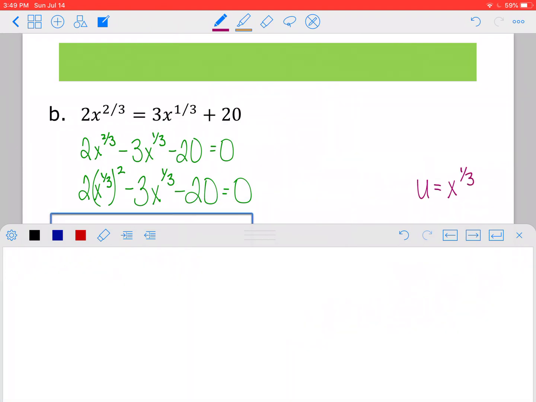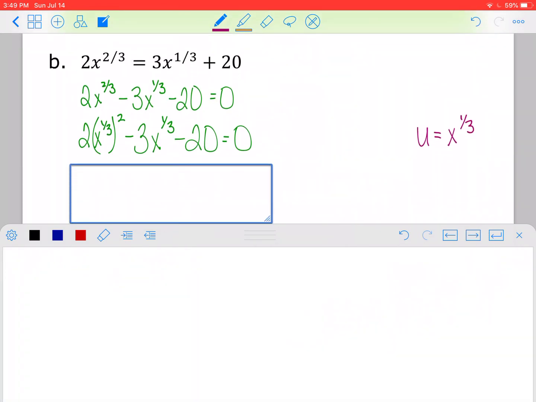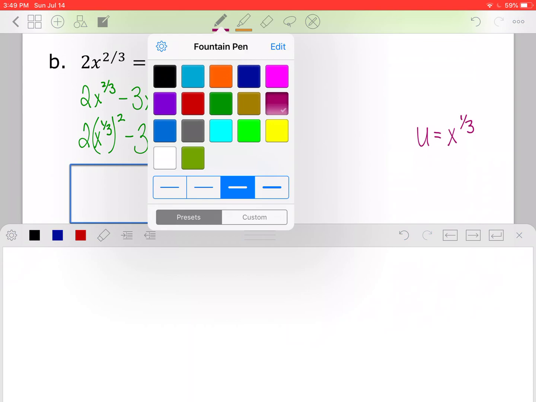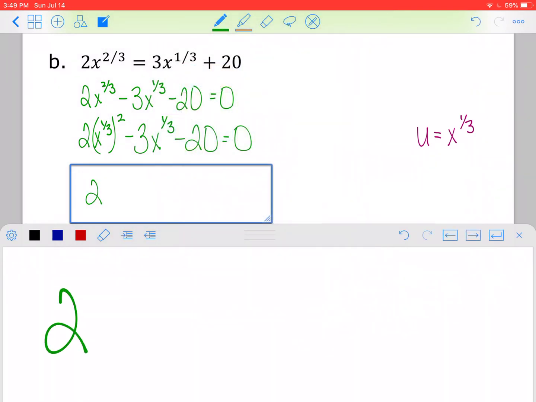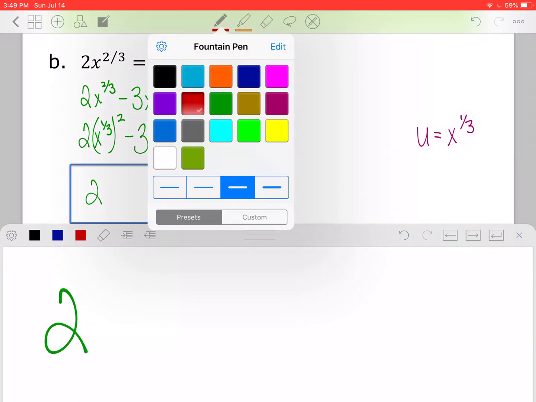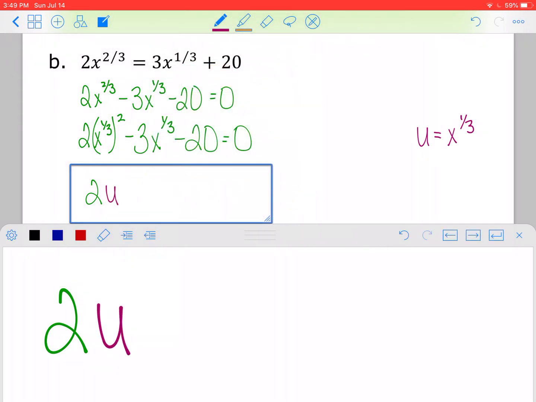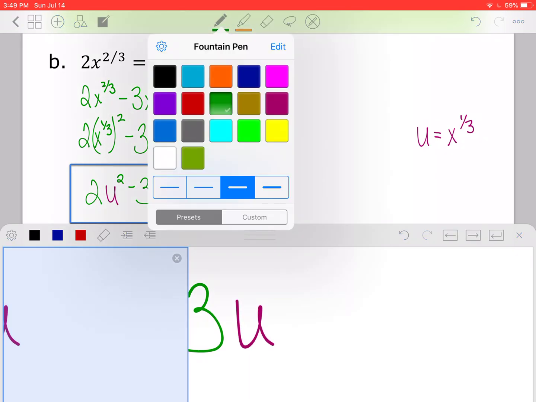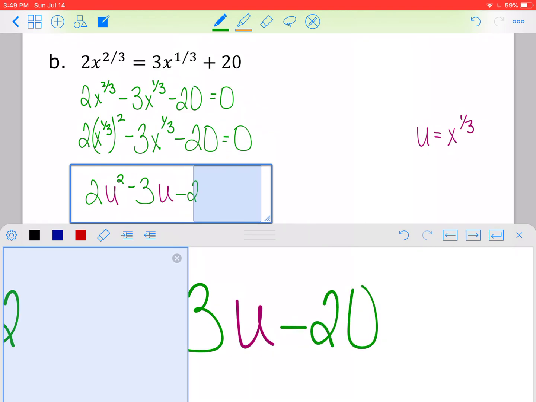And now we can solve this thing. This does factor. We can factor by grouping here. I'm not going to go through that. You already know how to do that. I'll go ahead and give you what it factors to rather than writing down all that work that we've already looked at before. So here's what we factor to.